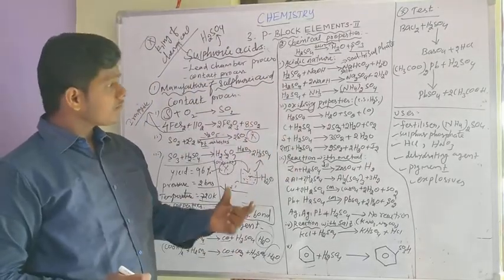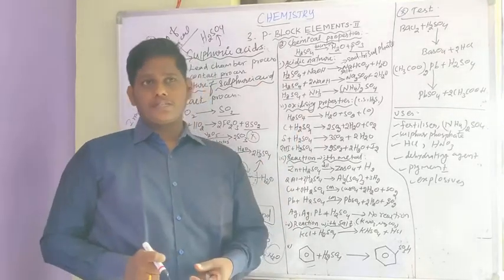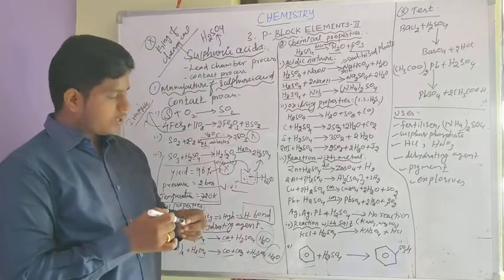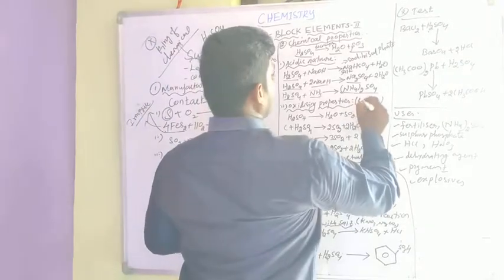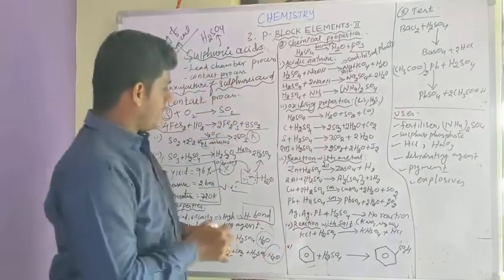Okay, then next, the oxidizing property. Do you know the oxidizing property? It oxidizes other substances. You take carbon, sulfur, H2S, etc., also hydrogen iodide.